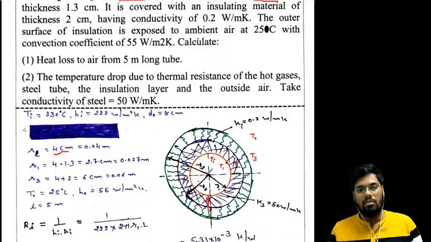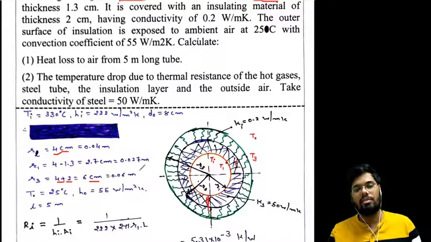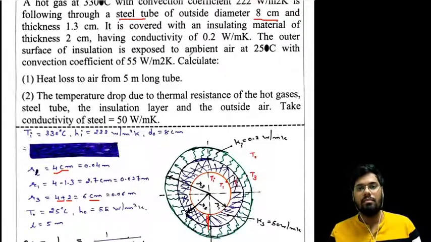To find the value of R3, we add the thickness to the value of R2. So R3 would be 4 plus 2, which is 6 centimeter, so that's 0.06 meter. The conductivity of that insulating material, Ki, is given as 0.2 watt per meter Kelvin.